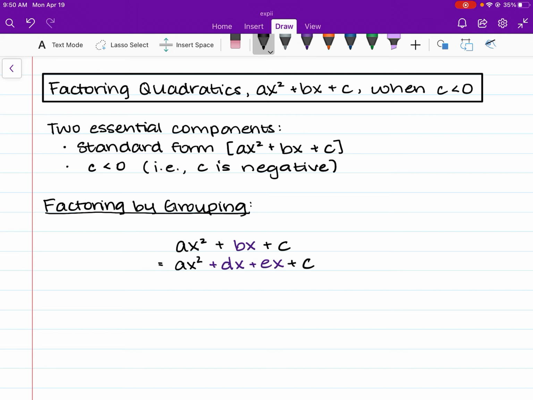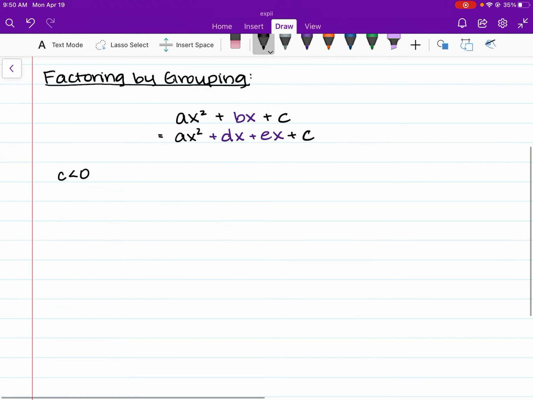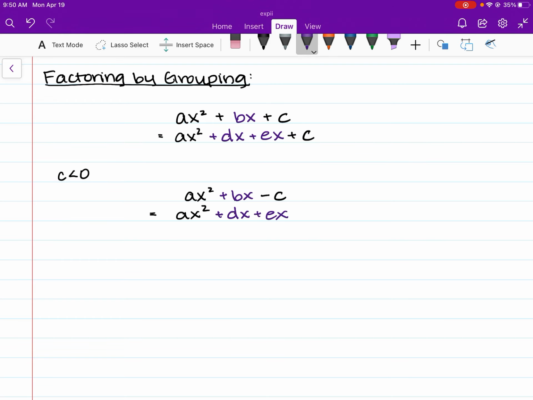What we're going to do when we have a negative c value, so when c is less than 0, we are going to have the same standard form plus bx, except it will be a minus c, and we'll have ax squared, same thing, plus dx plus ex minus c.